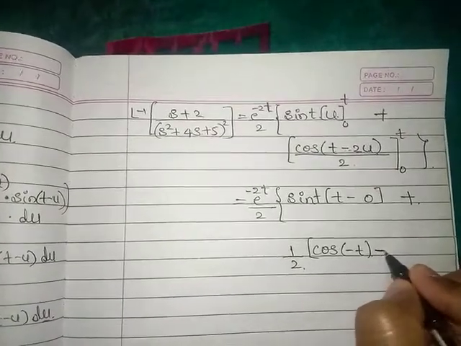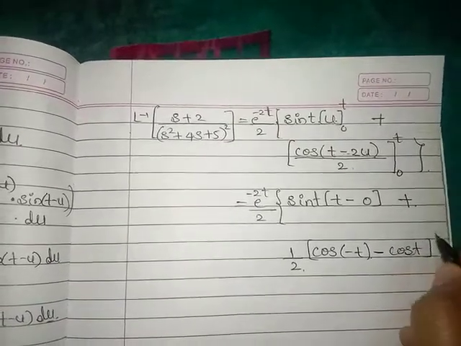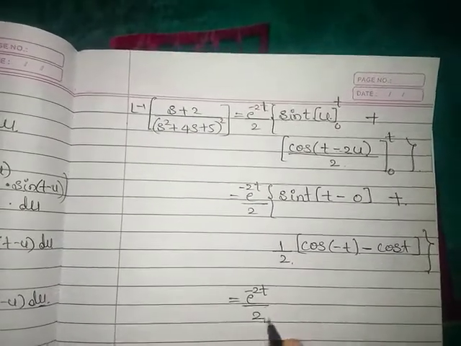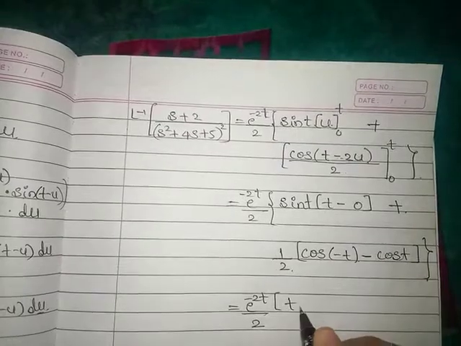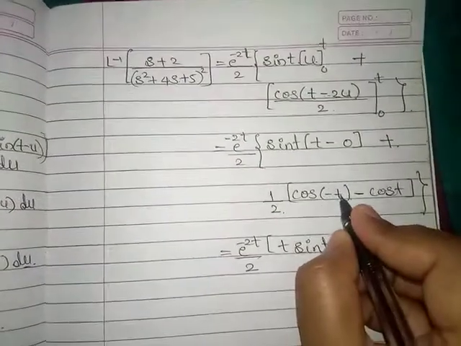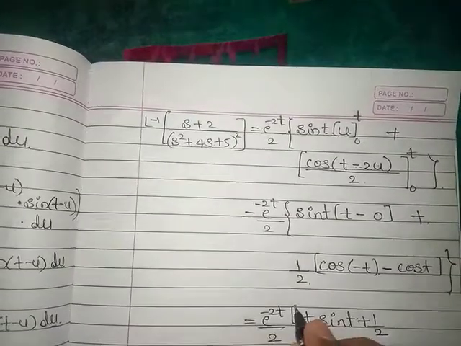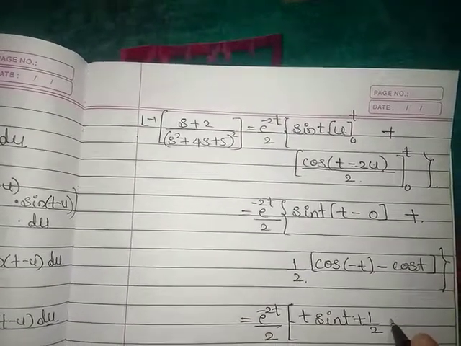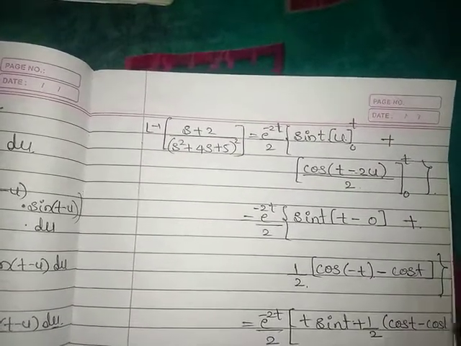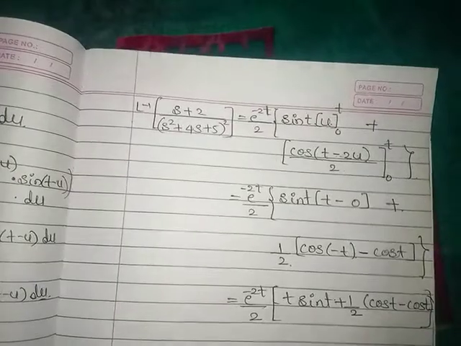Then upper limit minus lower limit: when u is 0 it is simply cos t, which is equal to e raised to minus 2t divided by 2 into t sin t. Cos of minus theta is cos theta only, plus 1 by 2 into cos t minus cos t. Cos t minus cos t is 0, and 0 into 1 by 2 is again 0.